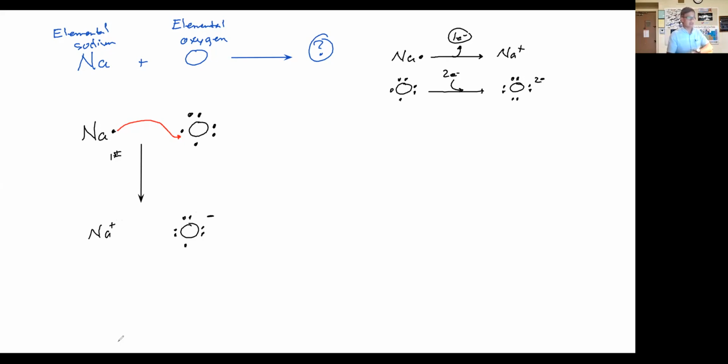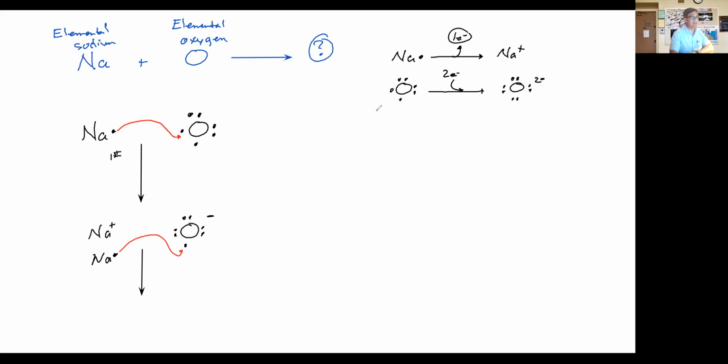Where do you think it's going to get that 1 electron from? Hopefully you answered correctly that in the second exchange, it's going to find a second sodium atom that has not yet given up its electron, and it's going to pick up that electron from this second sodium atom.